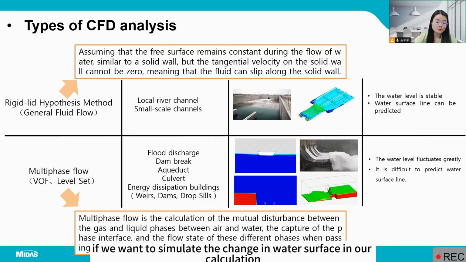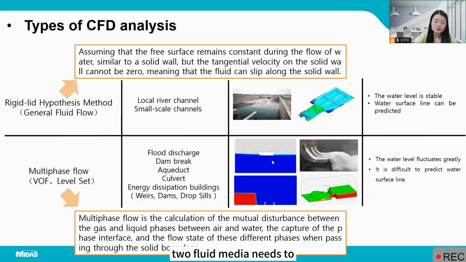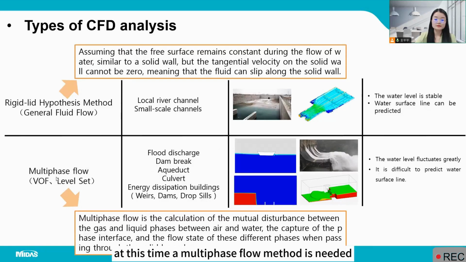Second, if we want to simulate the change in water surface in our calculation, two fluid media need to coexist in the computation domain, namely air and water. At this time, a multiphase flow method is needed.